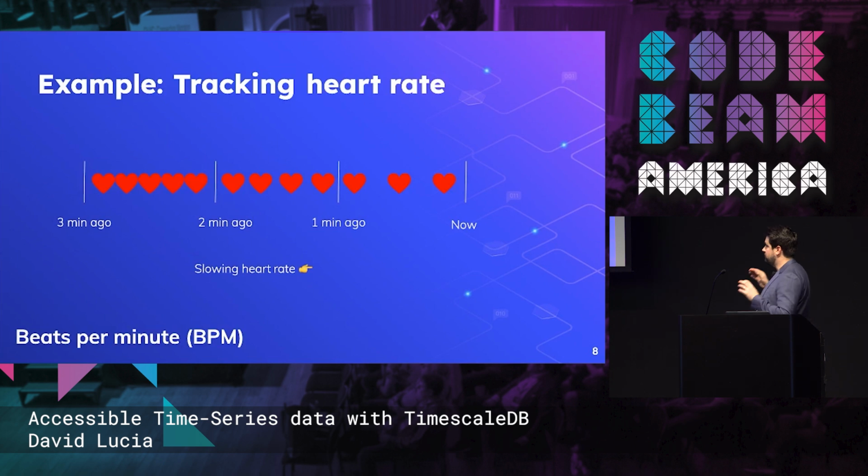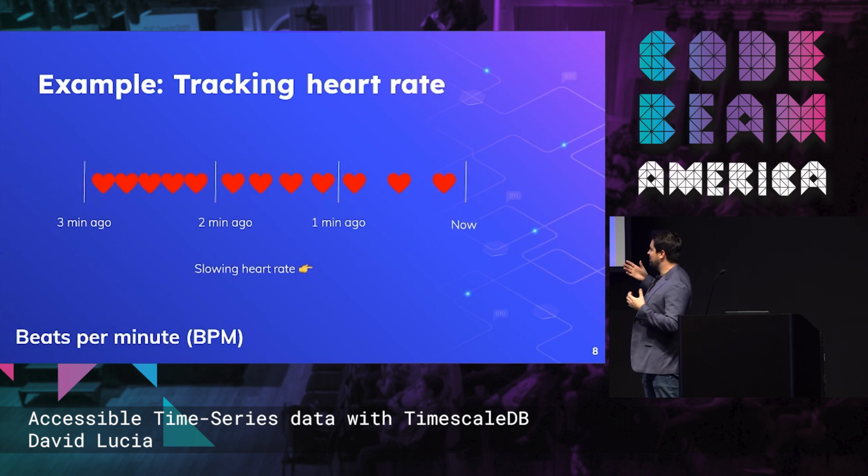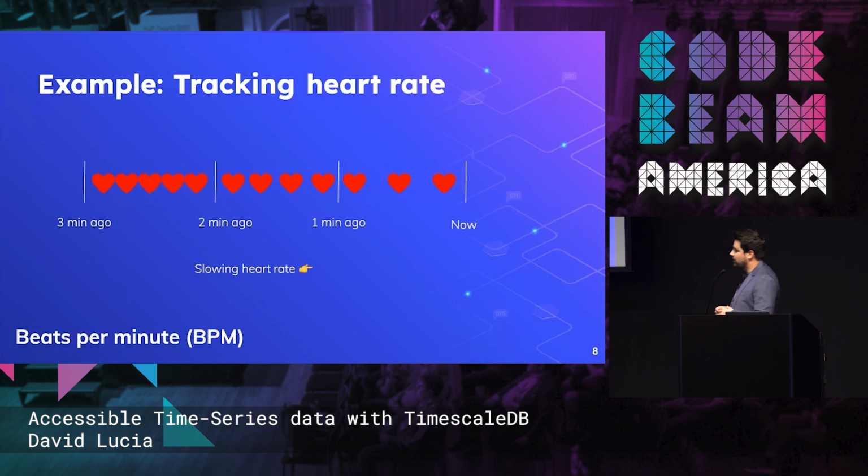Now, from these events, we can aggregate information and find new summaries of information. So for example, if we want to calculate the beats per minute of your heartbeat, we would just count up in a 1-minute window the number of heartbeats. And you can see if there's less heartbeats, your heartbeat is actually slowing. The rate at which your heart is beating is slowing.